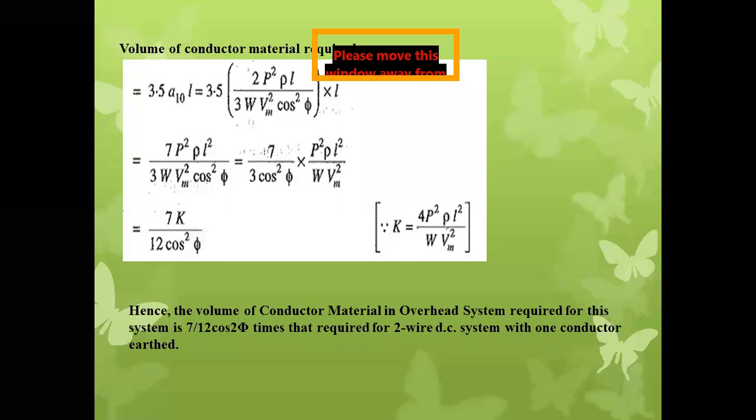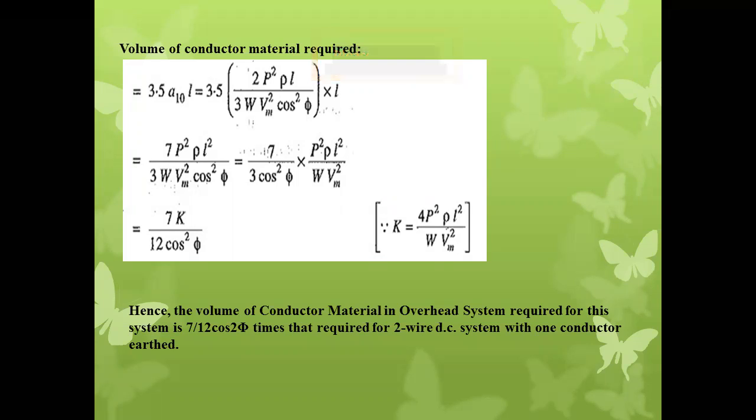So the final simplified version is 7 into k divided by 12 cos square phi. Once again the same conclusion is drawn: the volume of conducting material required in the overhead system is 7 by 12 cos square phi times that required for the two-wire DC system with one conductor earthed.